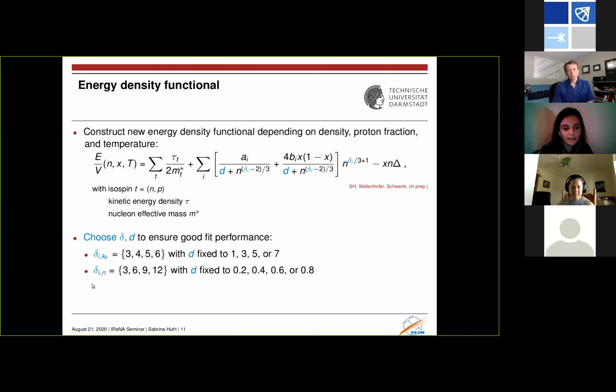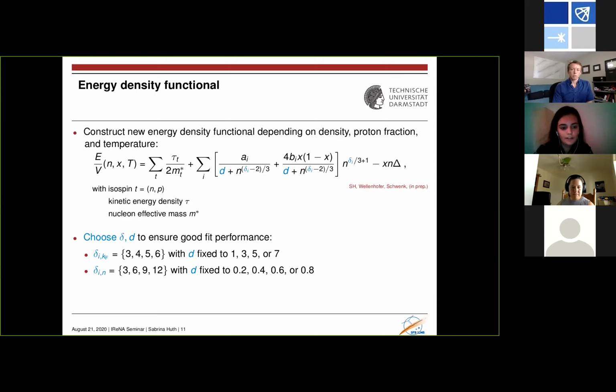And we in fact use two different density exponents. So first, we use this delta I^KF, which is basically, if you plug this in, like a k_F expansion. And then we have another set of delta I, which is called delta I^n, because if you plug this in, then you just have powers of densities.